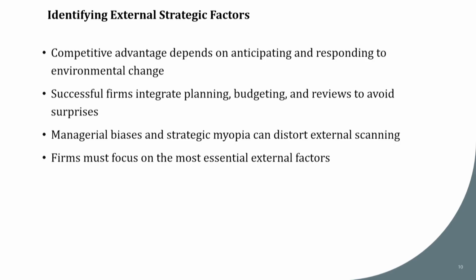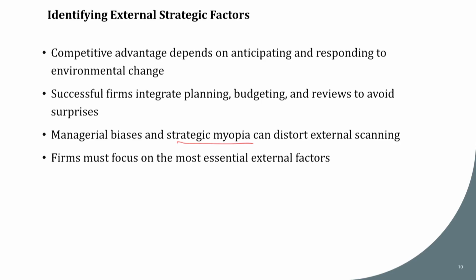However, what often happens is that managers' personal biases can create some kind of strategic myopia, where they ignore unfamiliar information. You can see the strategic myopia. They ignore unfamiliar information, but this is all important information. Because they see that it is unfamiliar, they often prefer to ignore that kind of information.